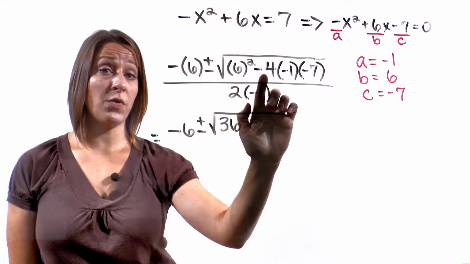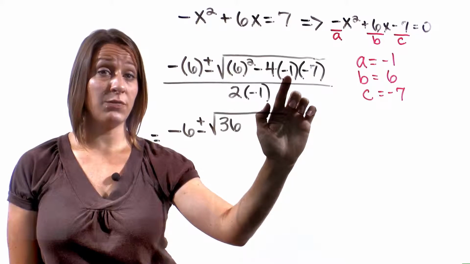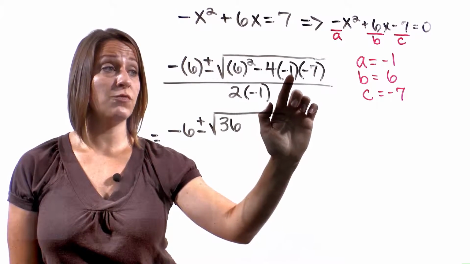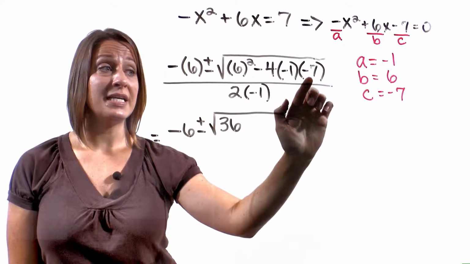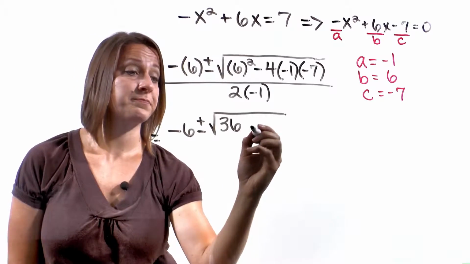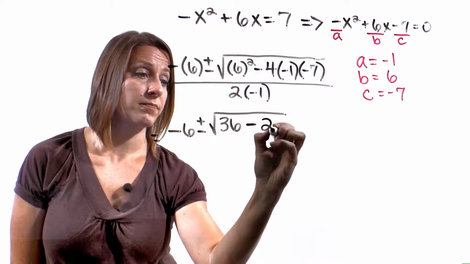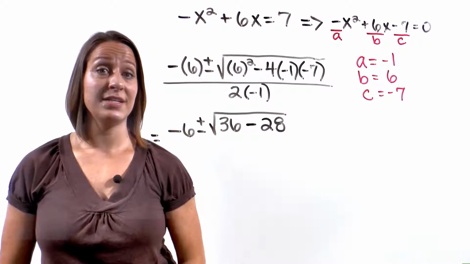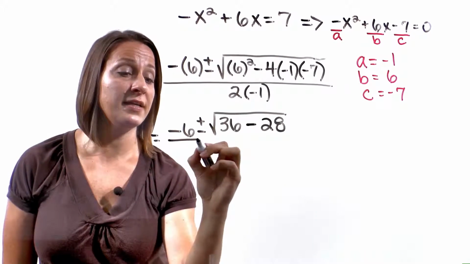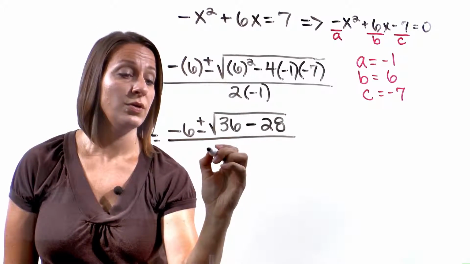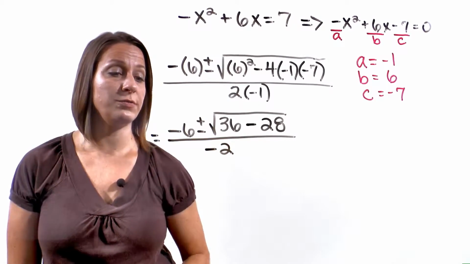So negative 4 times negative 1 is positive 4. Positive 4 times negative 7 is negative 28. Next, all of that will be divided by 2 times negative 1, which is negative 2.